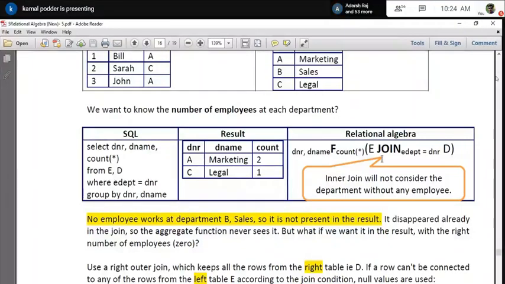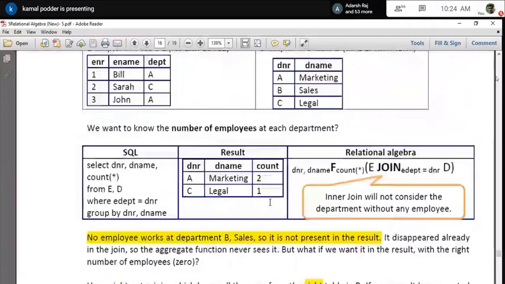But sometimes you really need that, because to satisfy this query, you have to pick up all the rows from the department table, and the rows which are matching. It is not that only if the join column is matching in both the tables do you pick up, like your inner join.